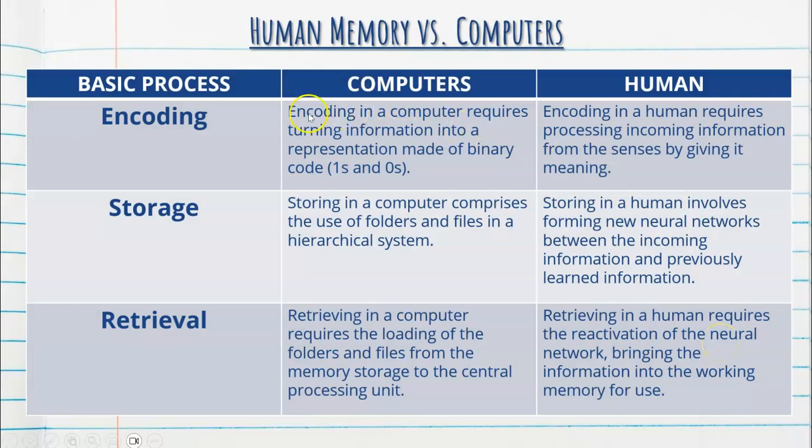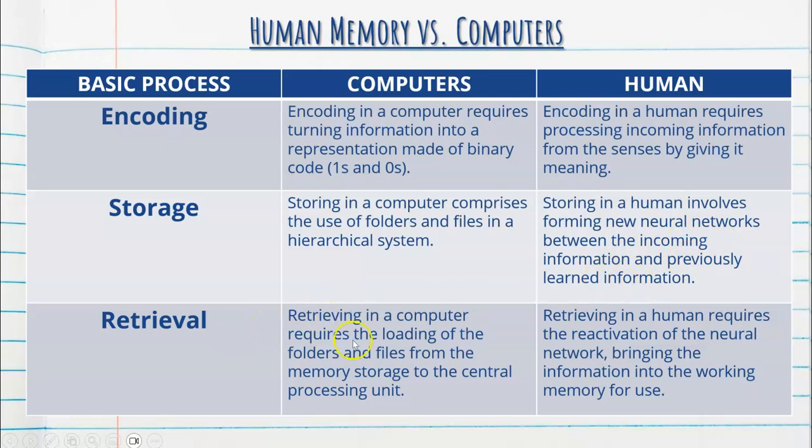When looking at computers and encoding, encoding in a computer requires turning information into a representation made of binary codes. In humans, it requires processing information from the senses. Storage in a computer comprises the use of folders and file systems, whereas storing in a human involves forming new neural networks between the incoming information and previously learnt information.